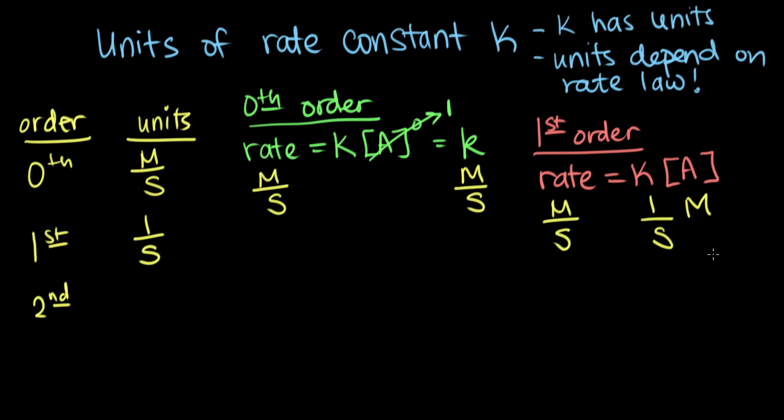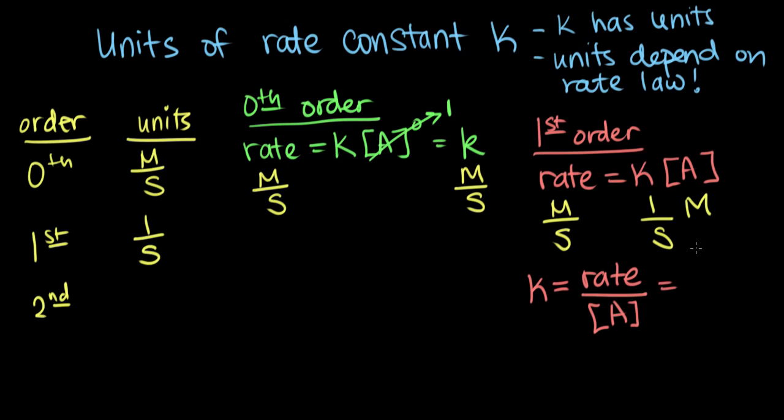The other way we can try to figure out the units here, if you're not comfortable with back calculating what the units are, is we can actually rearrange this rate law. So if we just put K on one side and everything else on the other side, we get that K is equal to rate divided by the concentration of A. So all I did was divide both sides here by the concentration of A. And since we know that the units on both sides of the equal sign have to be the same, then we can figure out the units of K by dividing the units of rate by the units of our concentration.